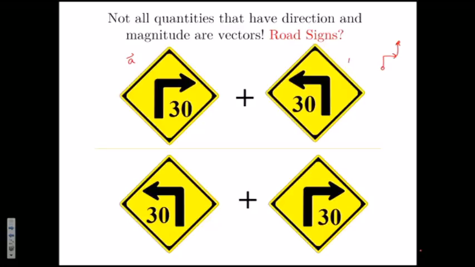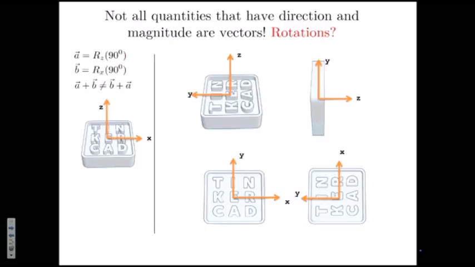So that's B. On the other hand, if I do B first, I will start again at the same place and take a left turn, and then I'll take a right turn. I get over here, right? So clearly, A plus B is not the same as B plus A because your final answer is not the same. You're not arriving at the same destination, which means that road signs are not vectors.